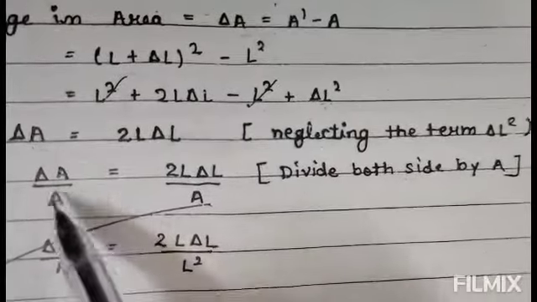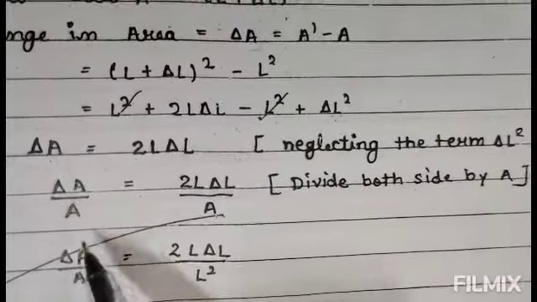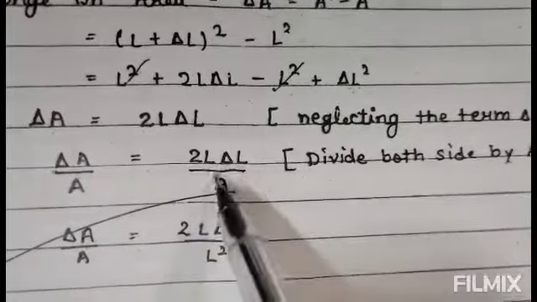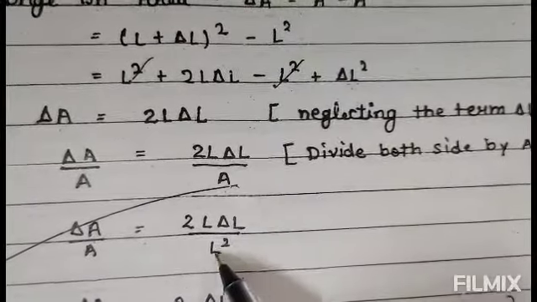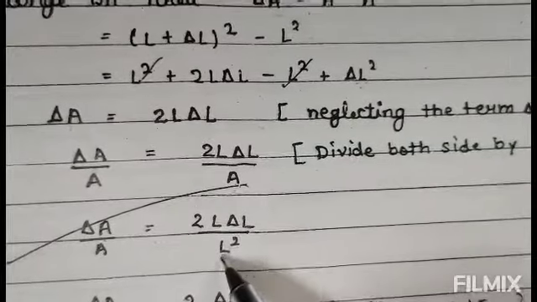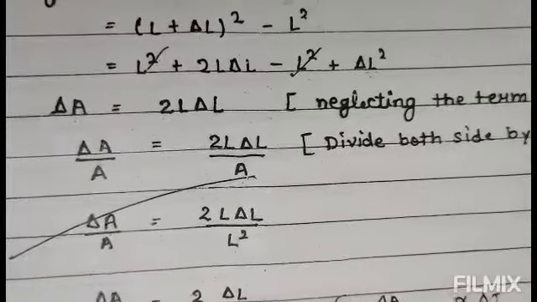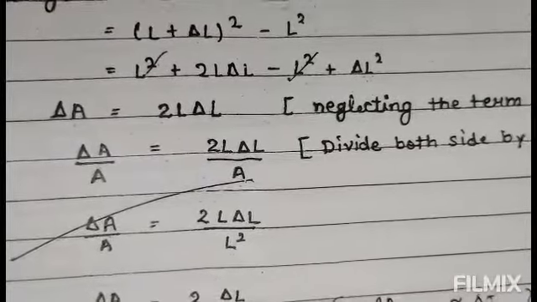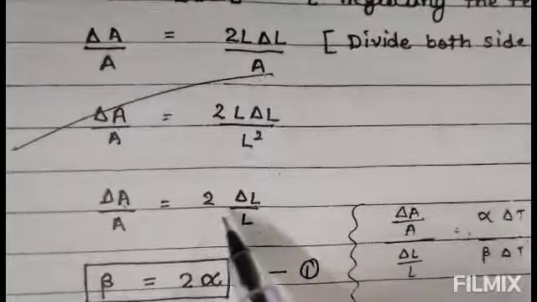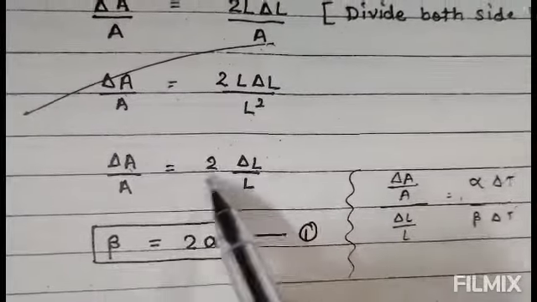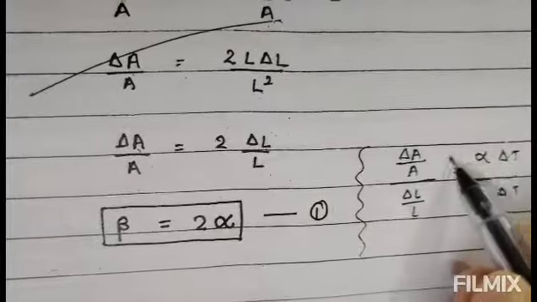So del A upon A will become 2L del L upon A. In place of A we can write L square here. So one L would be cancelled and it becomes 2 del L upon L. So on the left hand side you get the fractional change in area, and on the right hand side you get double the fractional change in length. Fractional change in area is equal to 2 alpha del T.